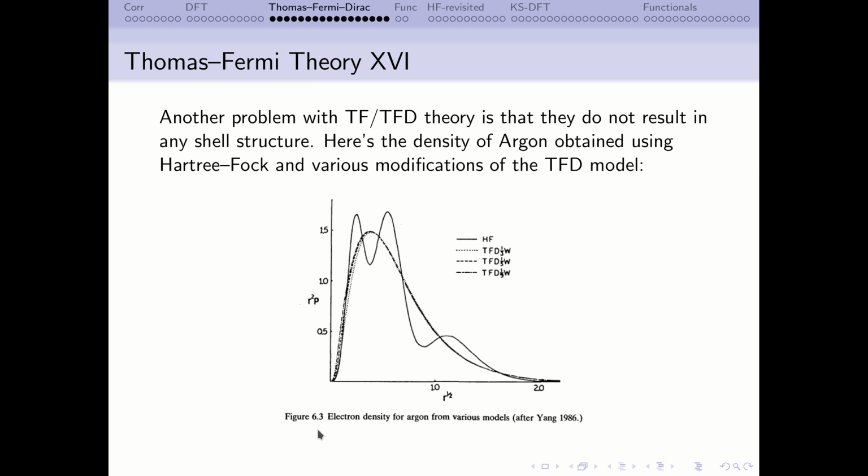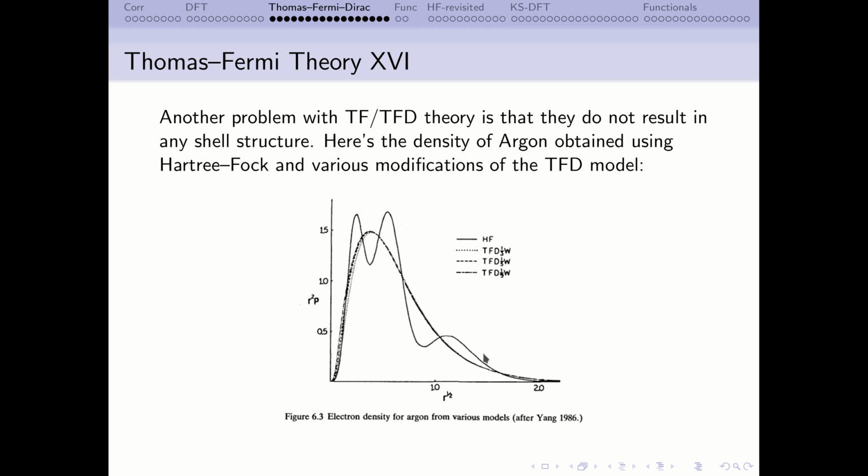This is a figure from Parr and Yang again. In this thin solid line with wiggles in it, we've got the Hartree-Fock r squared weighted density, so it's r squared times the density, and that shows you the shell structure of argon quite nicely.